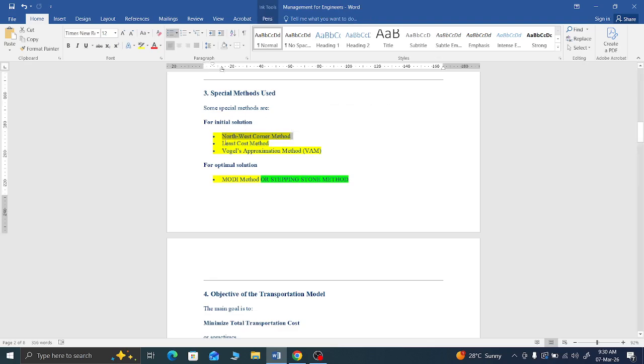There are three methods: the northwest corner method, the least cost method, and Vogel's approximation method, to find the initial solution.